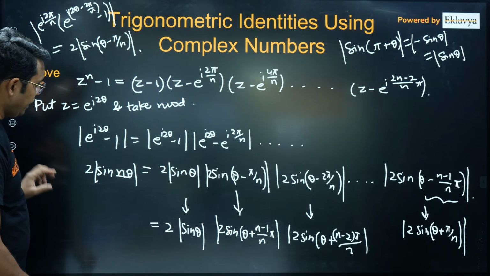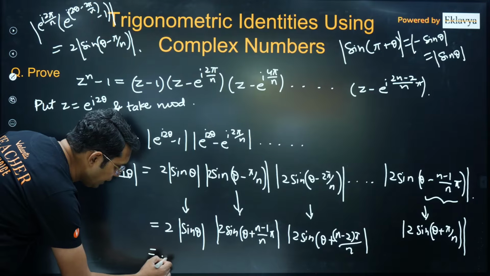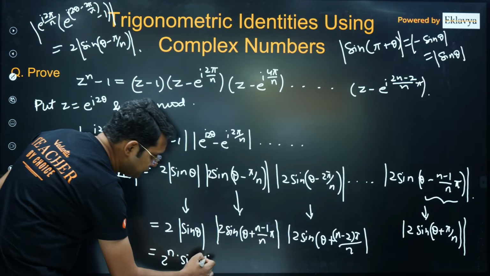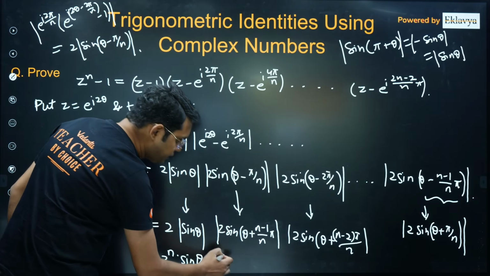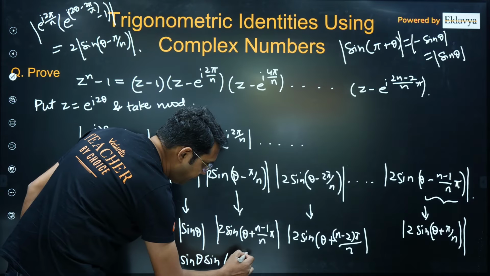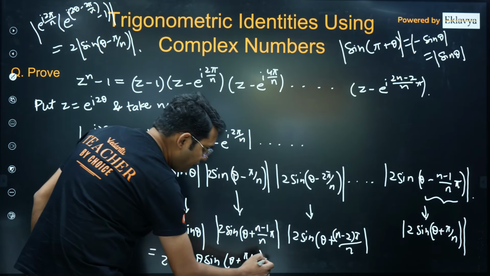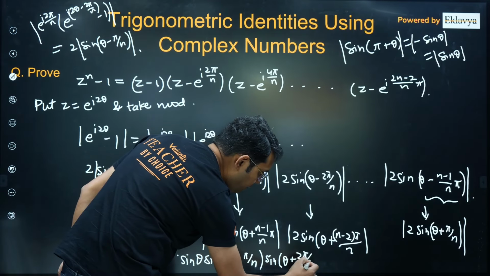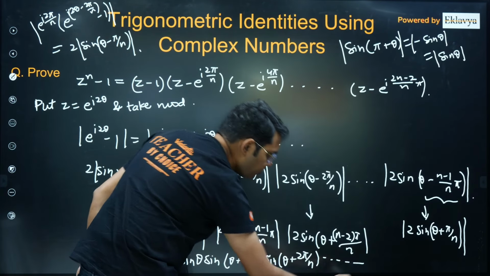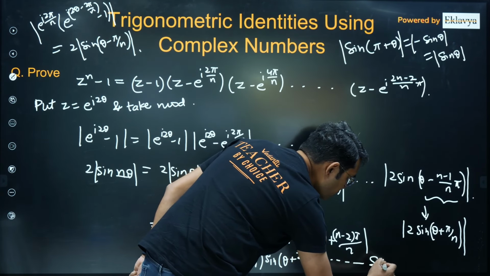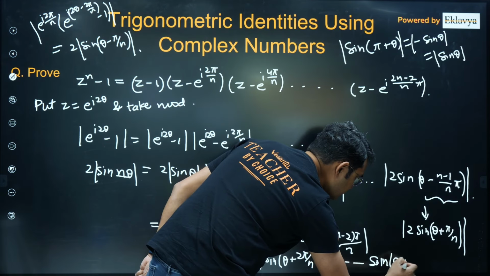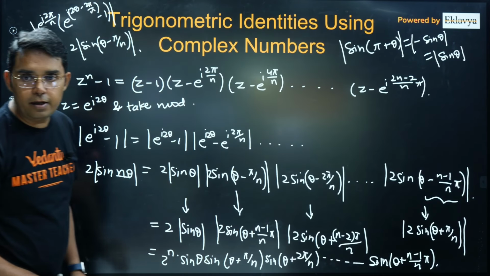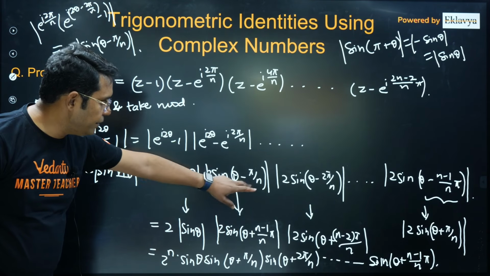So 2 power n into the product of all this: sine theta, then sine of theta plus pi by n, then sine of theta plus 2 pi by n, and so on, up to sine of theta plus n minus 1 by n into pi. I think everything is visible.